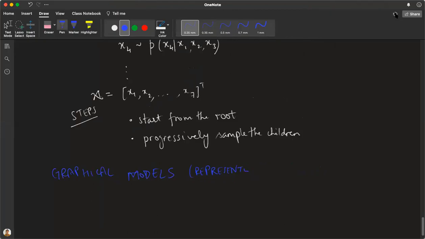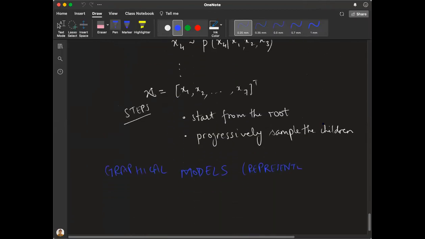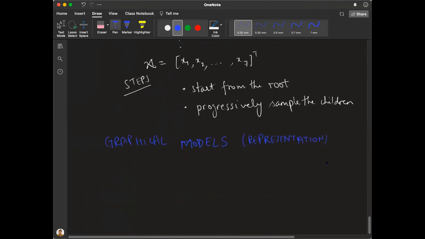So many times we have got latent variables.